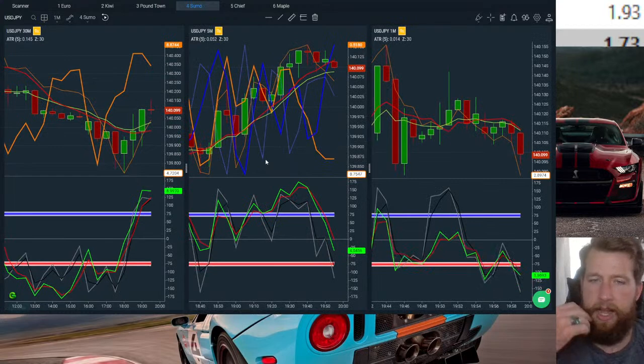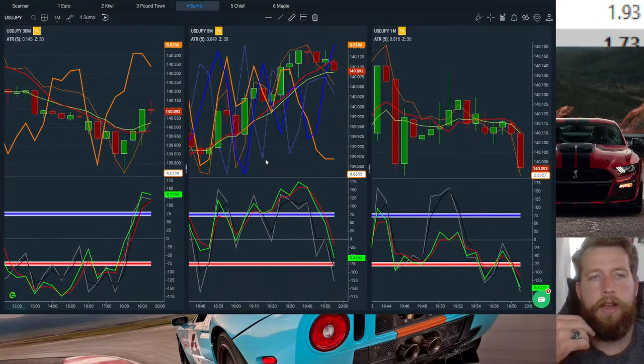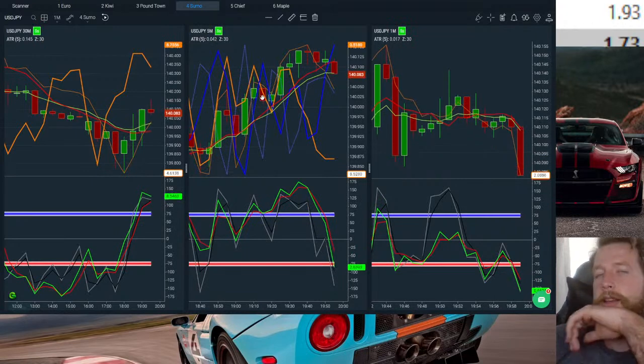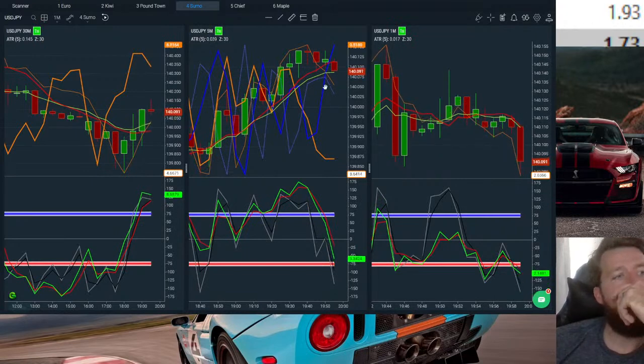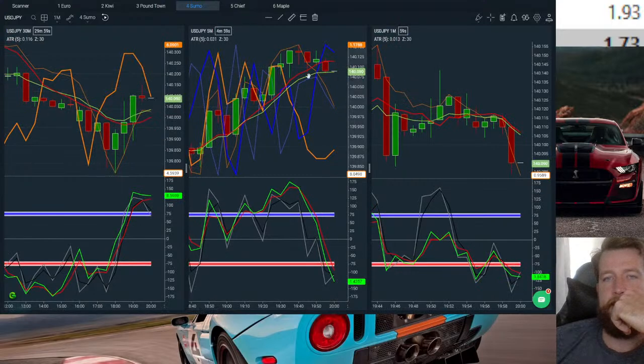Go back to the yen. Okay. Looks like it's still trying to decide if it wants to bounce off this pressure line or if it wants to go back through.